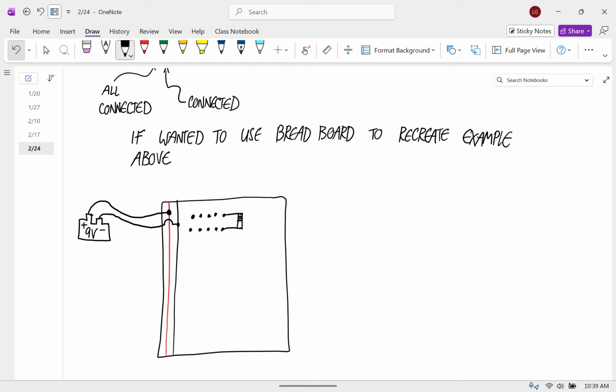So there's our resistor. And what we have now is, and I'm not quite done because I don't have the resistor hooked up to these power rails yet. So hold on a second.